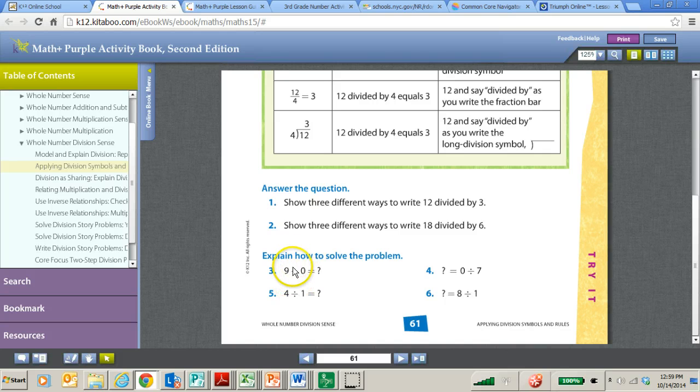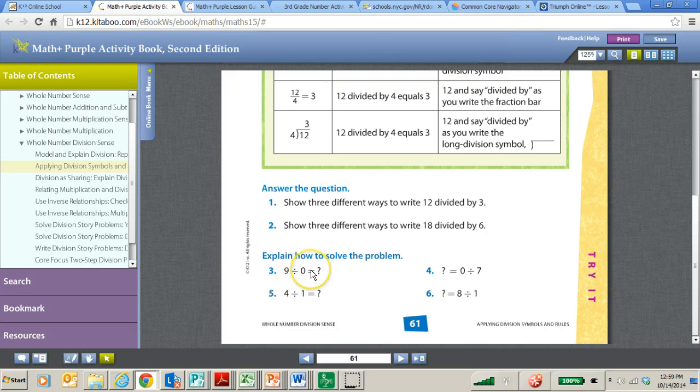Now, when we think about this, we know that multiplication is the inverse operation of division. So if we ended up with 4 here as our quotient, we would say 4 times 1 is 4. Well, would 9 divided by 0 equal 9? Would 9 divided by 0 equal 0? It's just not even a possible thing to answer. You can't divide something no times, because if you did the inverse, 0 times 0, that wouldn't equal 9. 9 times 0, that wouldn't equal 9.